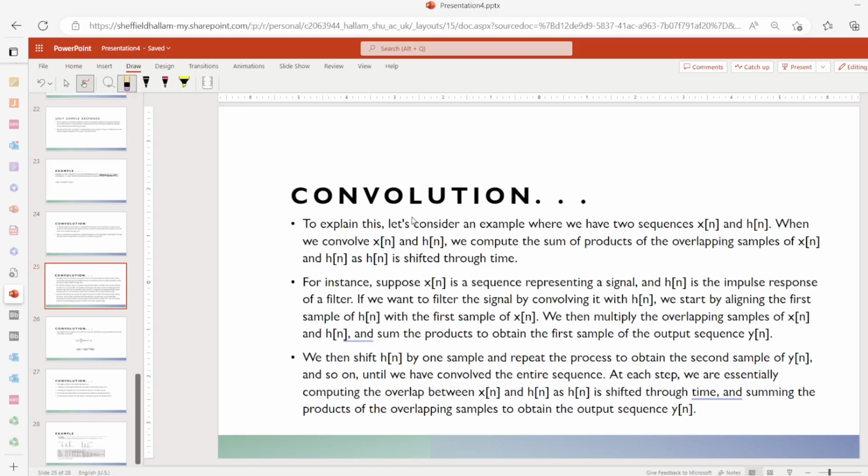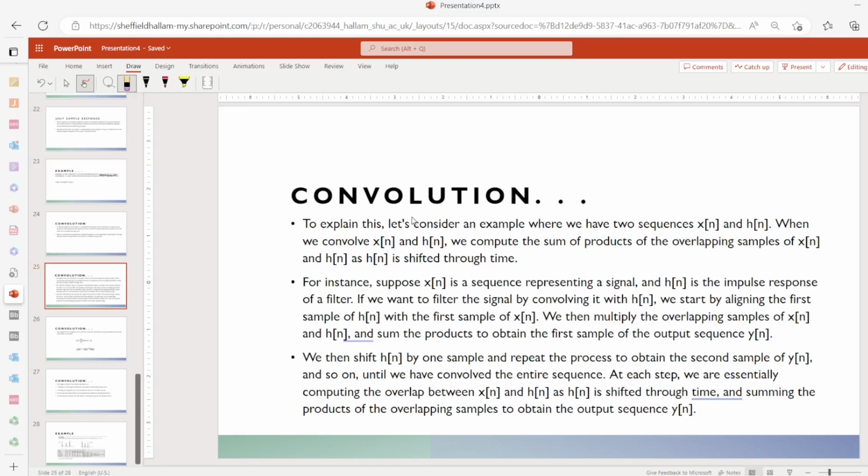If we want to filter, for example, we can take this system as a filter, a digital filter, and h of n, or hn, is the mathematical representation of the system behavior or the system response.